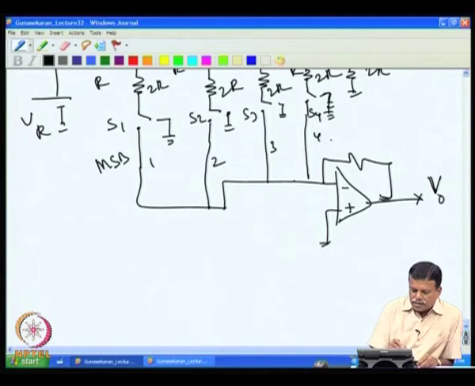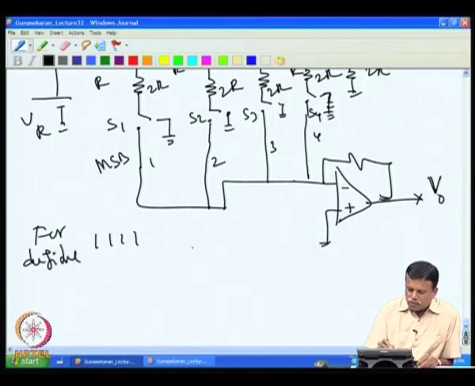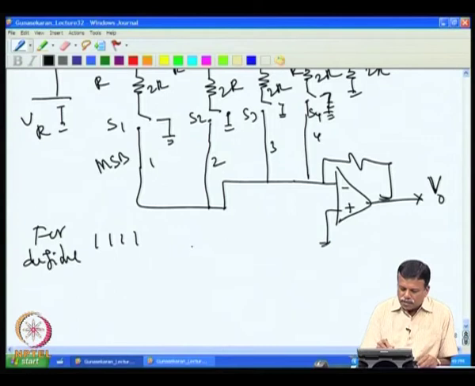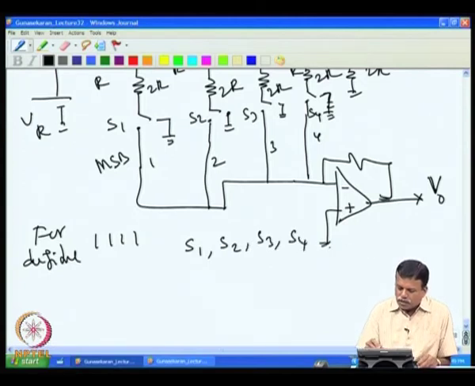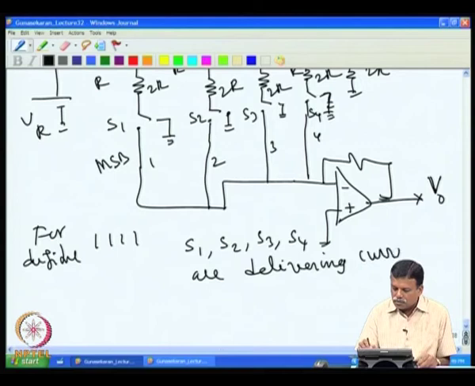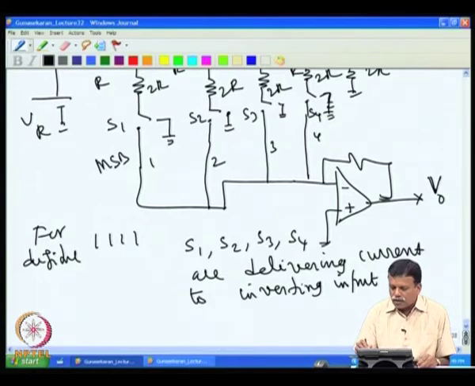So the condition would be like this for a digital input of say 1 1 1 1, then the condition would be S1, S2, S3, S4 all delivering current to the inverting input of the op amp.